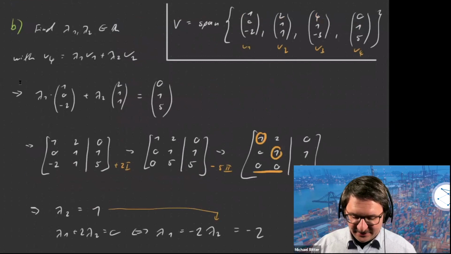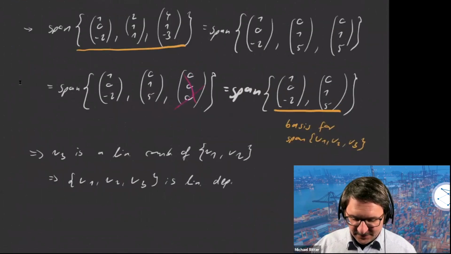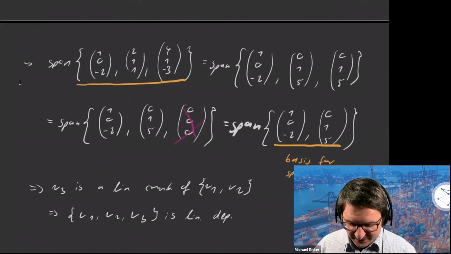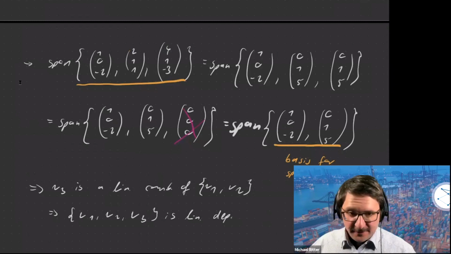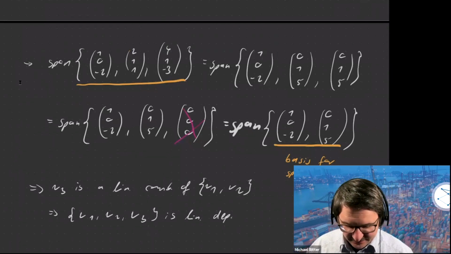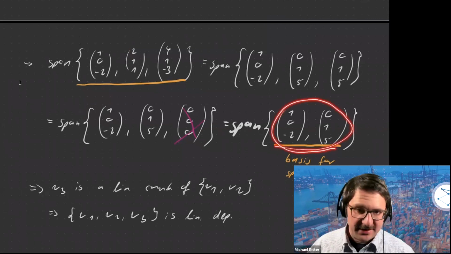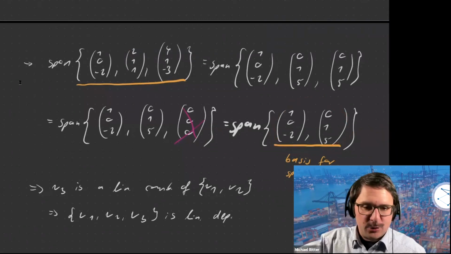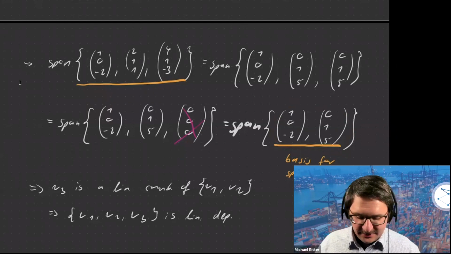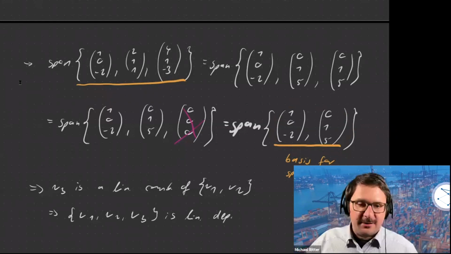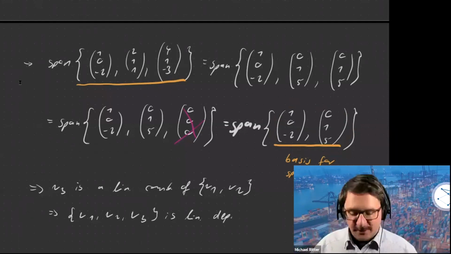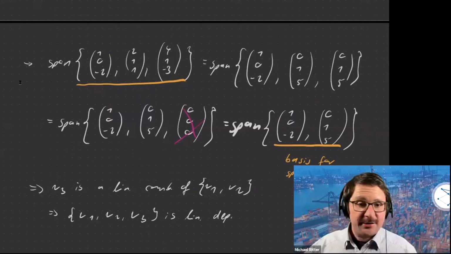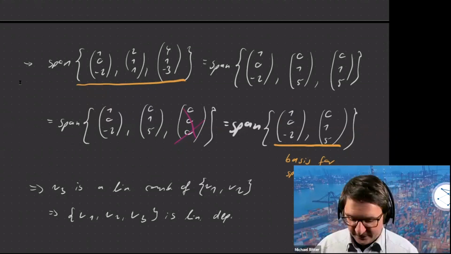We have already established in part A, remember, that V1, V2, and V3 are spanned by these two vectors, and they are actually bases of the span of V1, V2, V3. V3 is linearly dependent on those, so it can be expressed as a linear combination of V1 and V2. And we just established the same fact for V4.